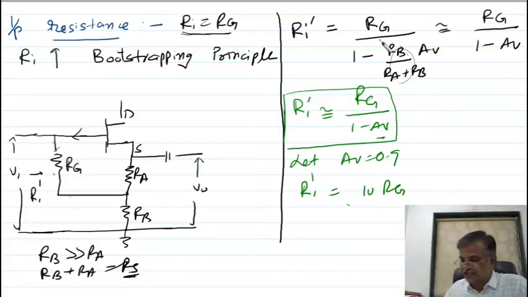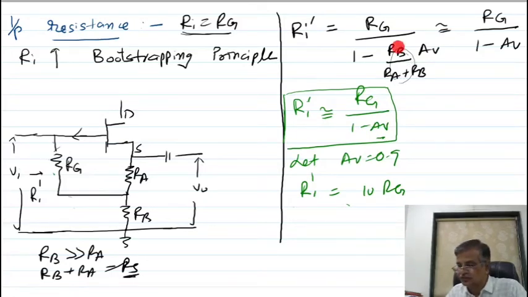You can select the values of Ra and Rb; we will see in one numerical how to select them. So this is the bootstrapping principle, in which some part of the output is given back to the input. You studied last semester, or we will discuss in one topic, that the input resistance due to feedback is given by Ri upon 1 minus Kev.